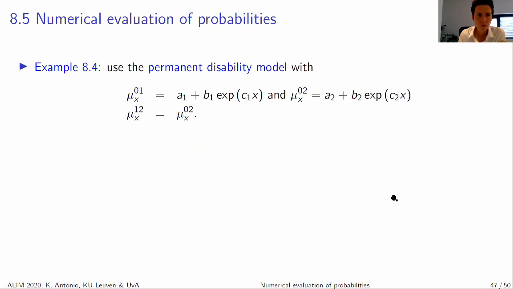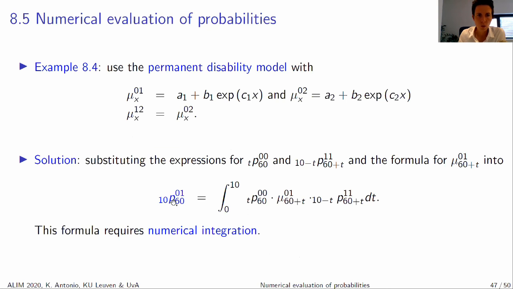But if you look at the probability to go from 0 to 1 in an interval of length 10, then again, you have to bring in all the formulas and you're going to end up with something that you can no longer solve analytically, but that requires numerical integration techniques in order to do the calculation for you. Yeah.